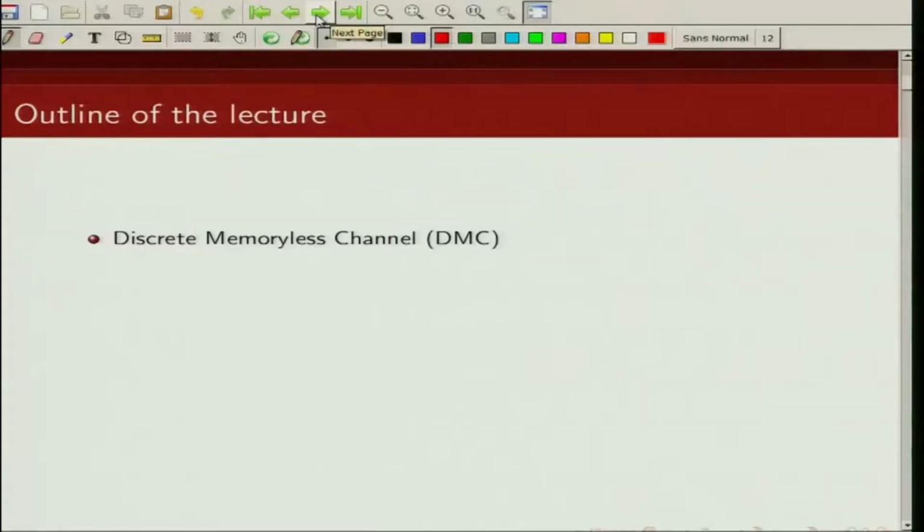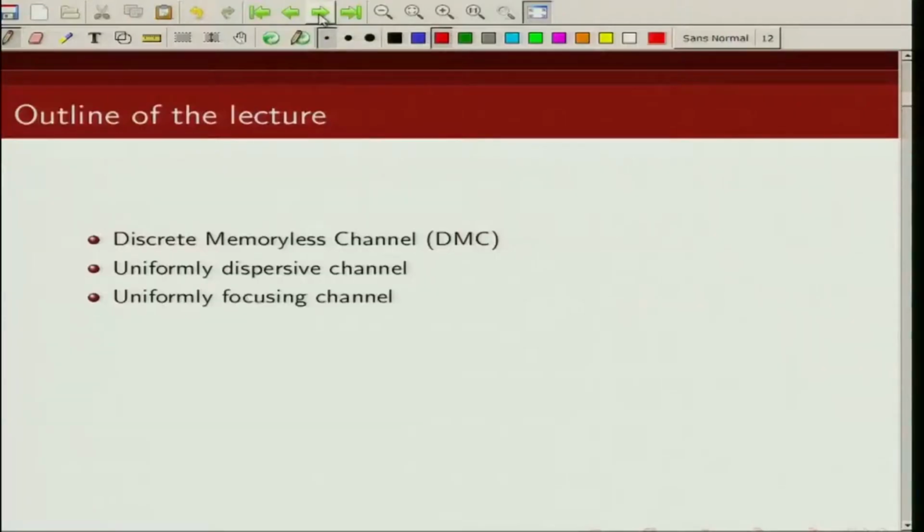We are looking at discrete memoryless channels, and we'll try to compute the capacity of those simple channels. So we'll start off with a description of a discrete memoryless channel, and then we'll describe two types of channel. One is called uniformly dispersive channel, and the other is called uniformly focusing channel.